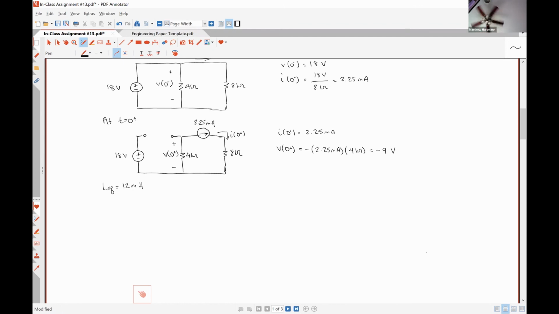So I'm going to redraw my circuit during the transient condition, take my inductor out, and look in to find the resistance that I see. Since I'm looking at a dead network, my 18 volt source needs to be off, so I'll replace it with a short circuit.